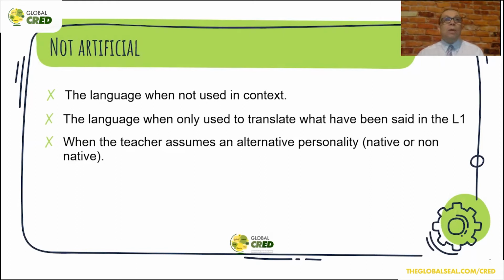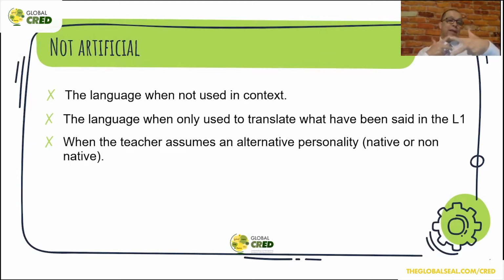Or the teacher will wear a funny cap, or the teacher will have these mannerisms that are absolutely just part of the act of the class. Well, even though your students might enjoy that, it seems to them artificial because it's artificial, right?